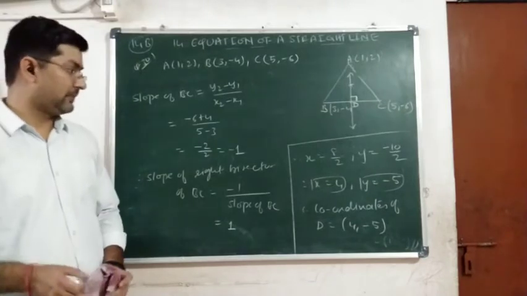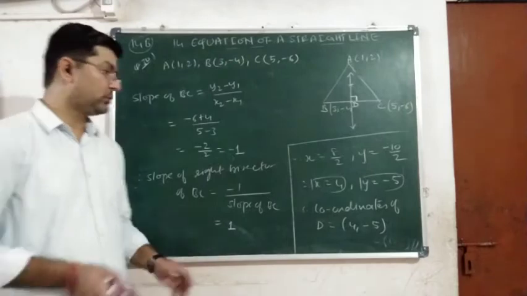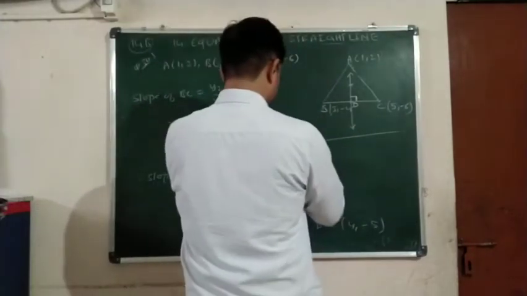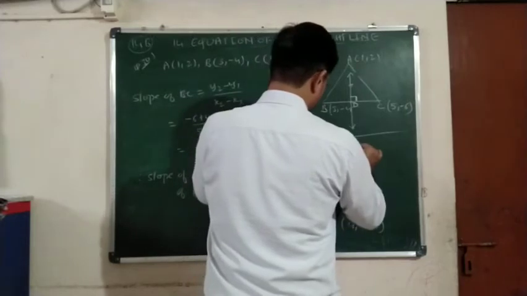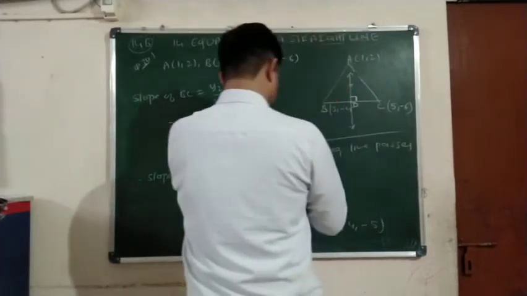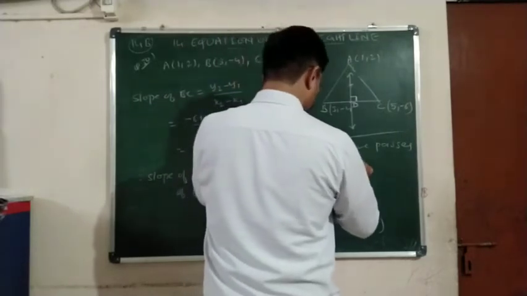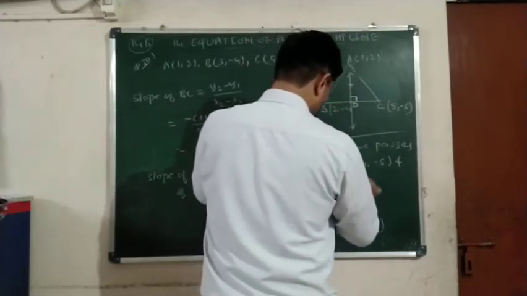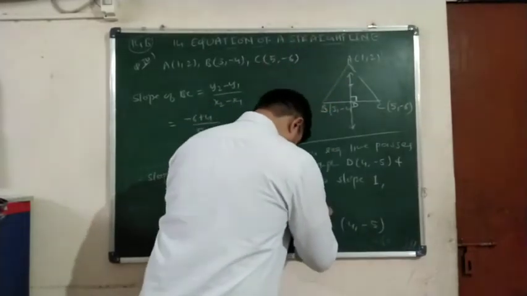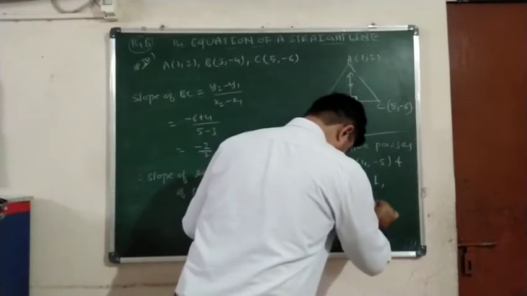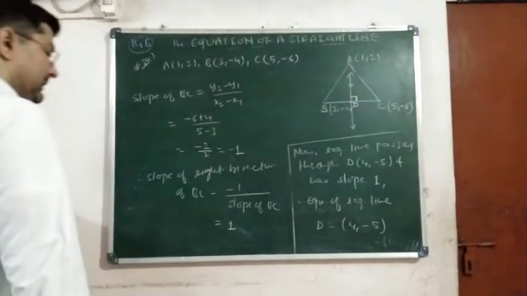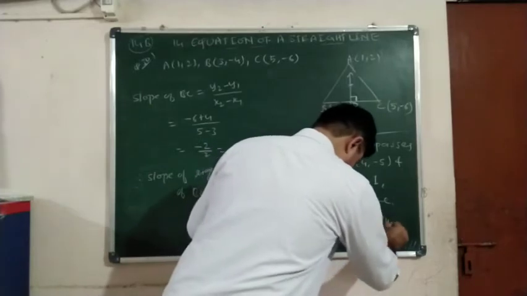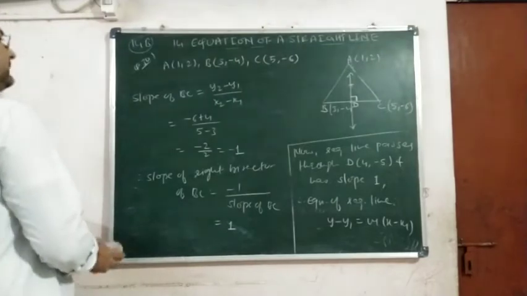Now we will write down that the required line passes through D(4, -5) and has slope 1, and therefore the equation of the required line, the right bisector of BC, will be given by the point-slope formula: y minus y1 is equal to m into (x minus x1).